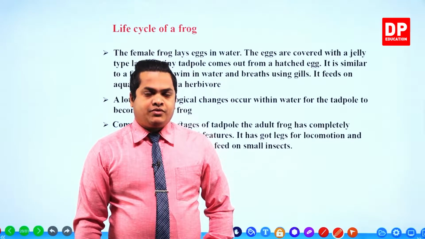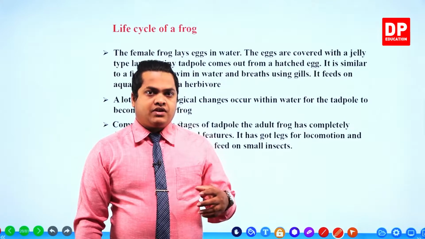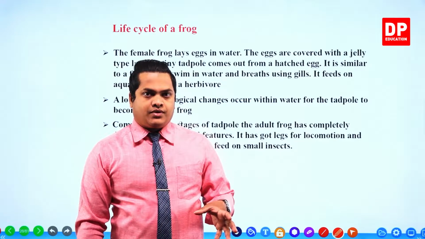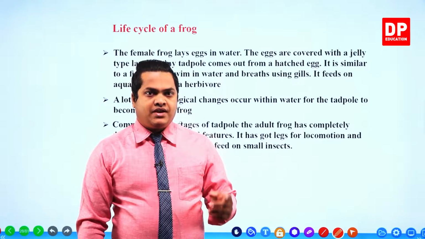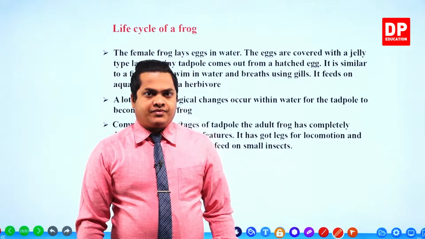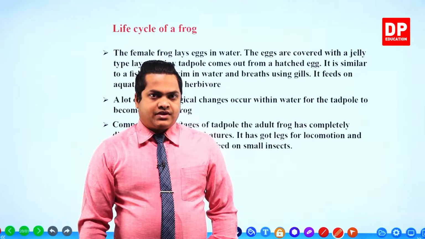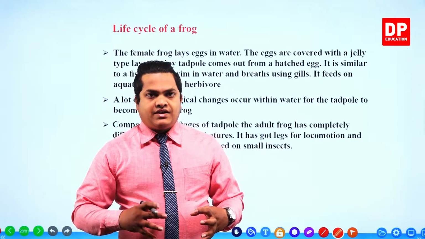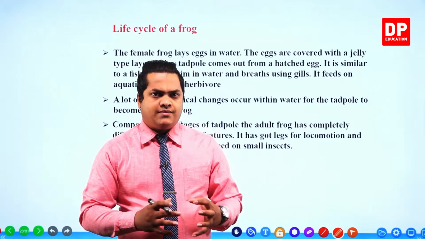now it's time to discuss the life cycles of several organisms. Here especially we are studying the life cycles of three main organisms. Actually there are several life cycles to study, but we are focusing on three main ones.